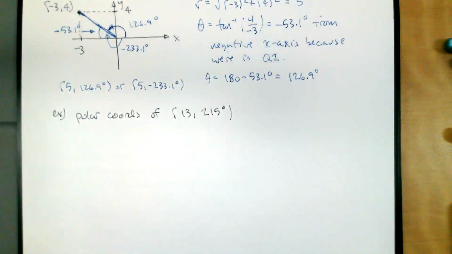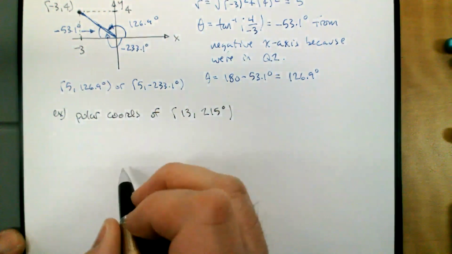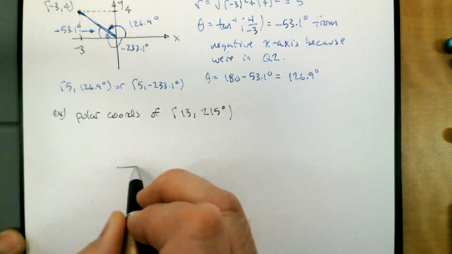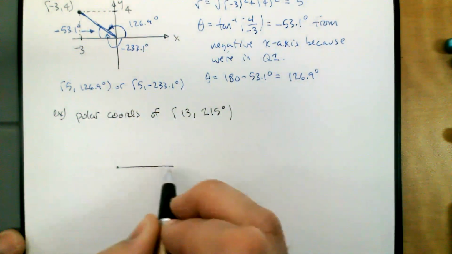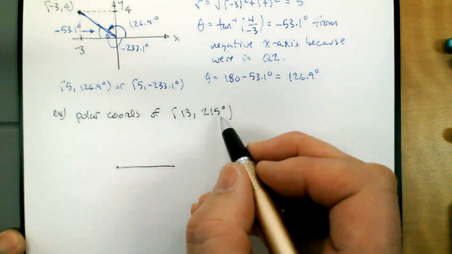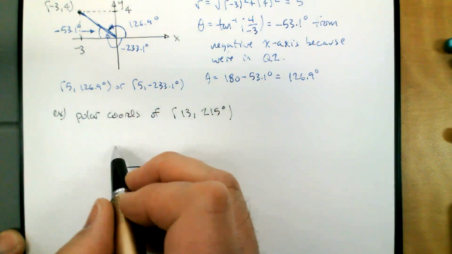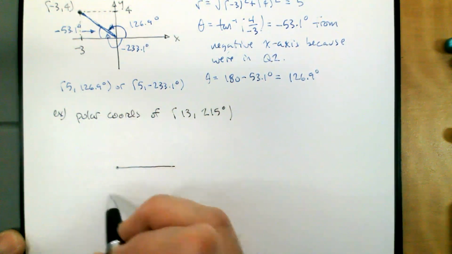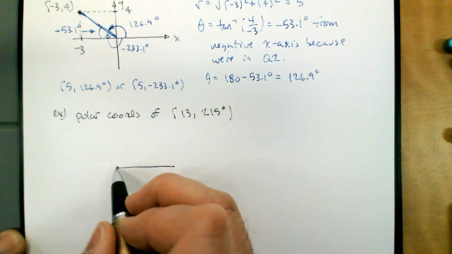So suppose we have polar coordinates of 13 and 215 degrees. So it's going to be in the third quadrant. So 90, 180, 270, so 215 is going to be somewhere in here.